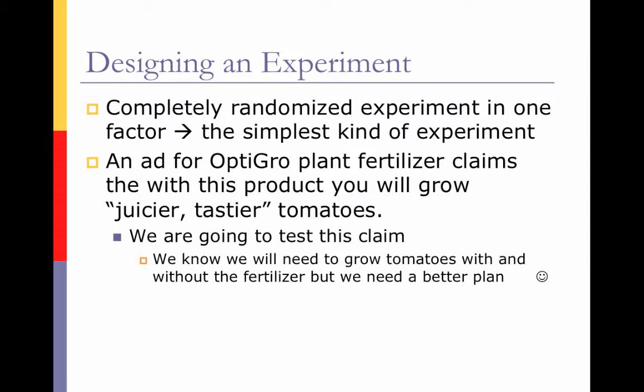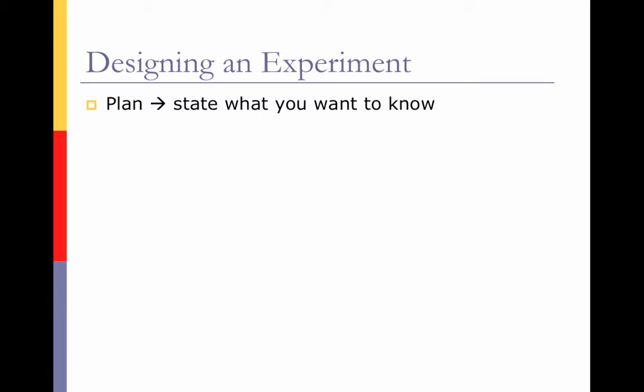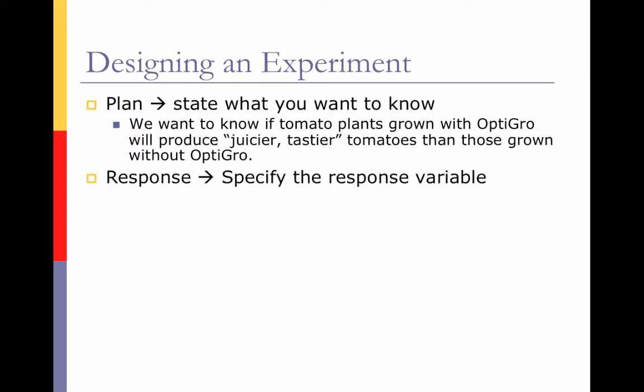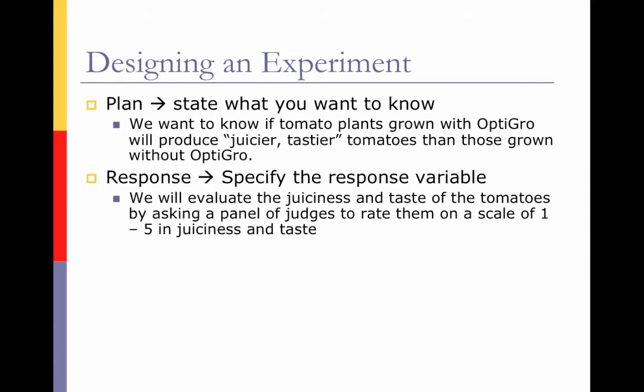We know we will need to grow tomatoes, both with and without the fertilizer. So when we're planning this, you want to state what you want to know. We want to know if the tomato plants grown with Optigrow will produce juicier, tastier tomatoes than those grown without Optigrow. Then you have to list your response. So you have to specify what the response variable is and how it will be evaluated.